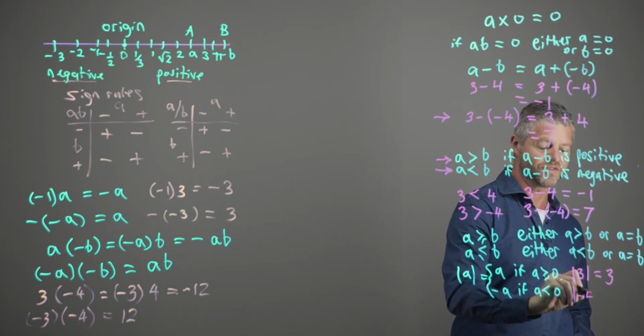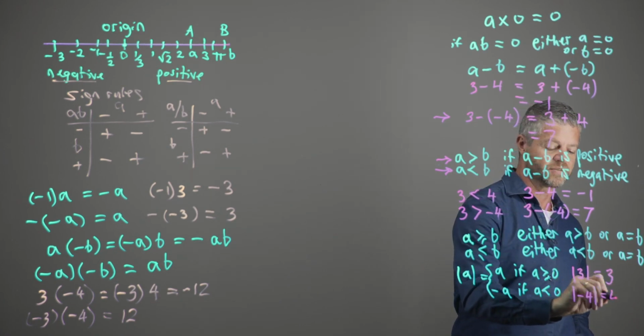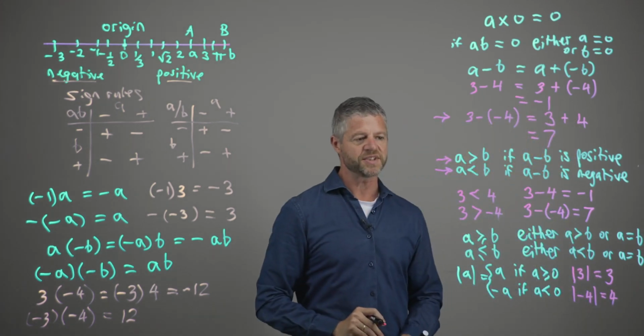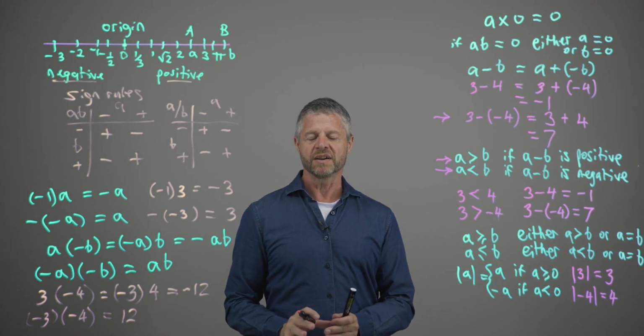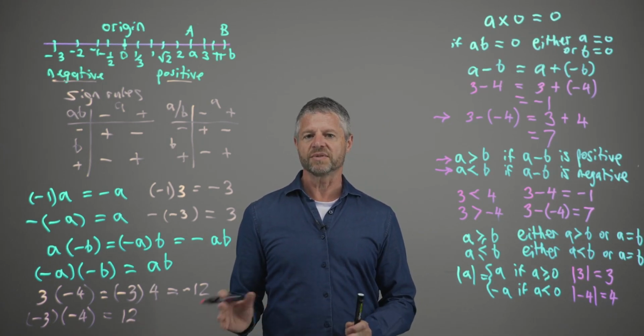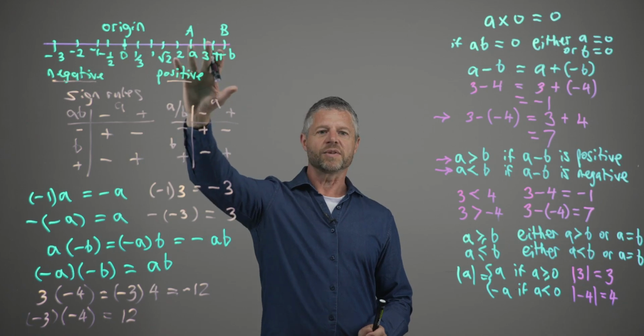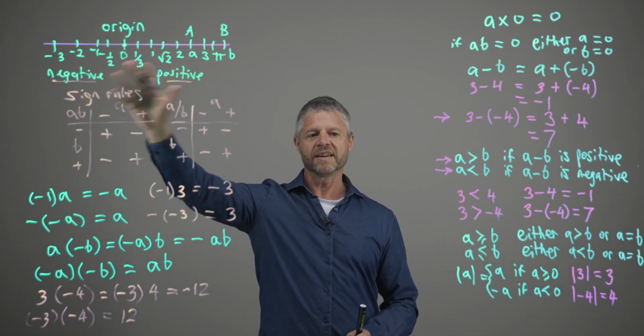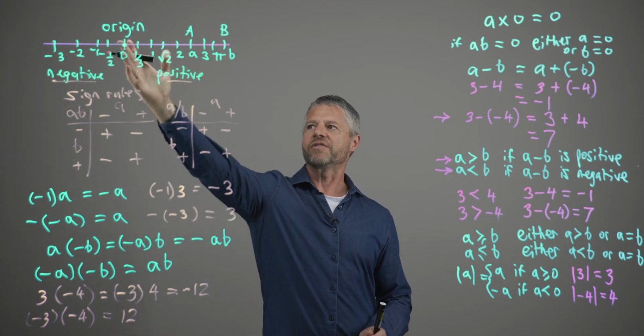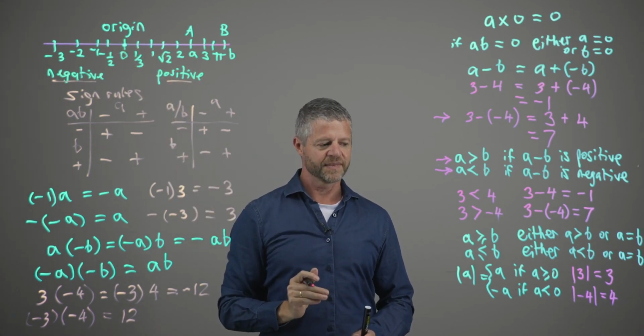The absolute value of minus 4 is 4. So absolute values are always positive. We could think of them as the magnitude of a number with no regard to the sign. So whether we're on the positive side of the number line or the negative side, the absolute value just tells you how far away from the origin you are.